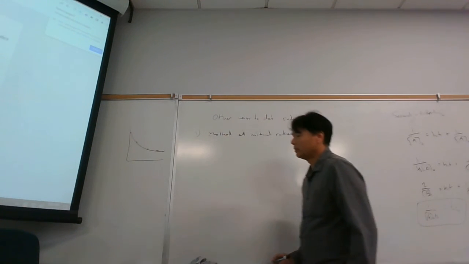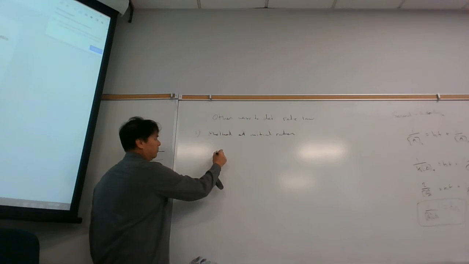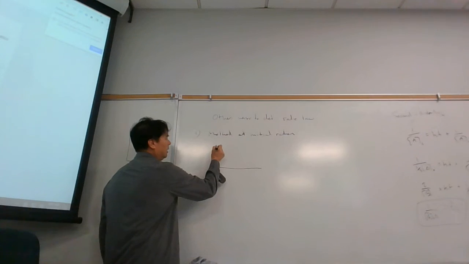In the method of initial rates, we don't map out all the data. We just look at the rate right at the beginning. So we're not going to have a big curve. We're just going to look at the initial rate.